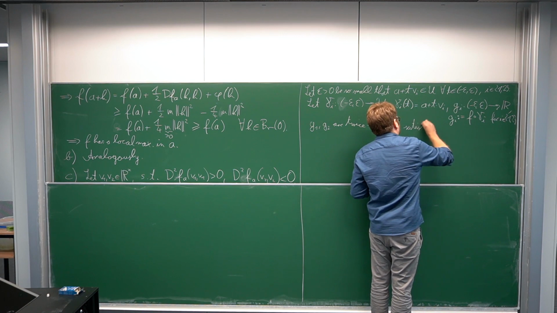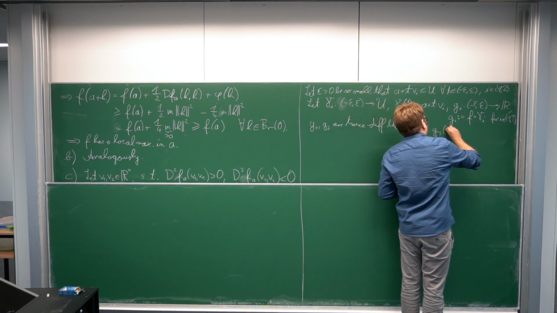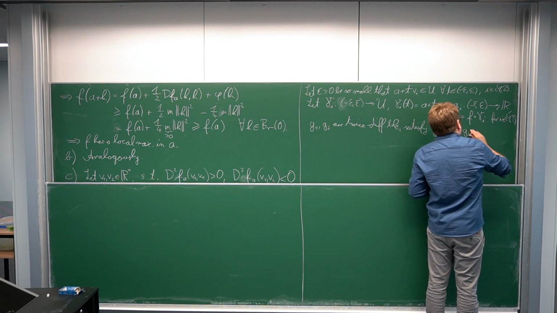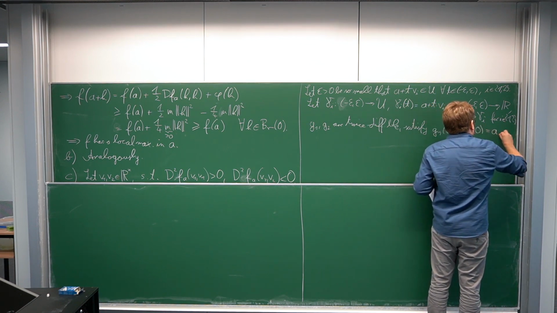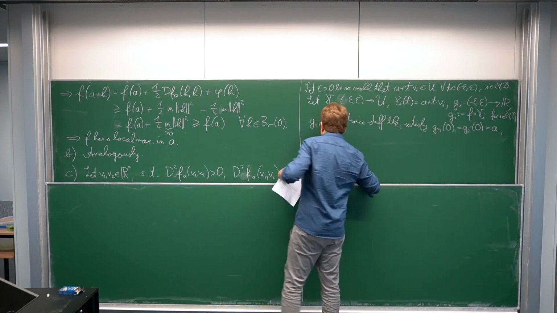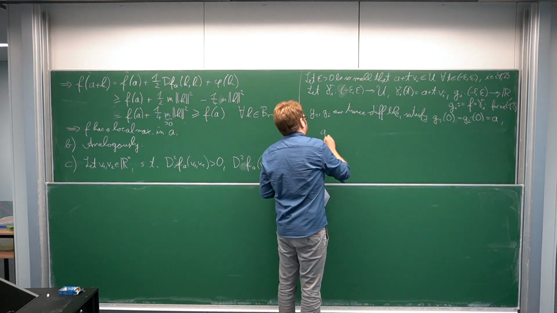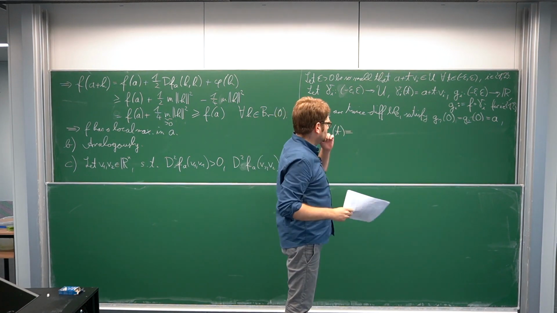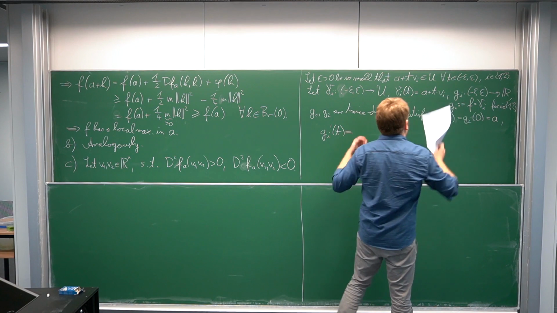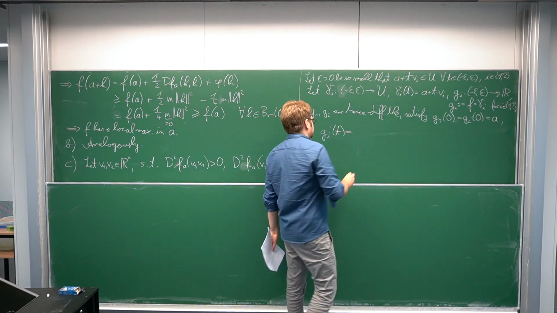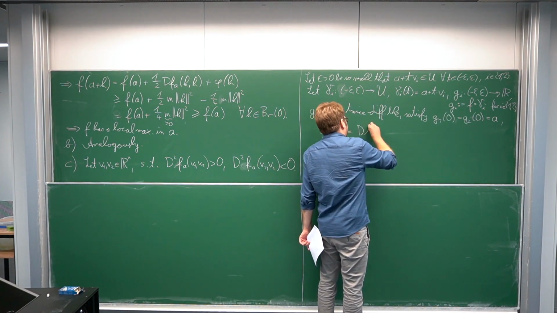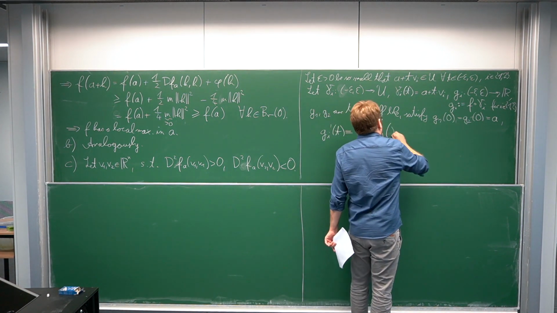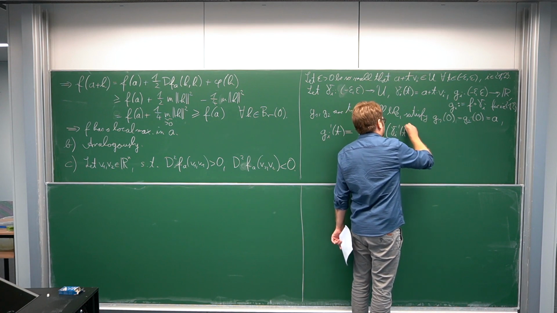They satisfy, first of all, g1 of 0 is the same as g2 of 0 is the same as f of a, and we can compute the derivatives of them in the same way. So g_i prime of t, and this is now by this result about compositions of curves with functions here. There we had the formula for the derivatives, and this was just df in the point gamma_i of t applied to gamma_i prime of t.